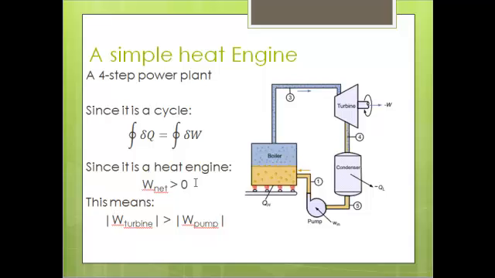If it's a heat engine, it produces power, so the net work is positive, meaning the net heat transfer is also positive. But the net work is going to be produced in the turbine and required for the pump, and so I want the amount produced to be more than the amount required, so the work of the turbine is going to be greater than the work of the pump.